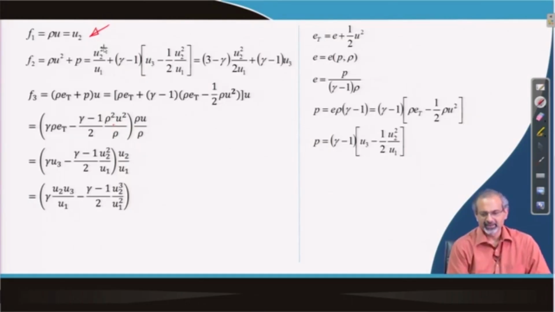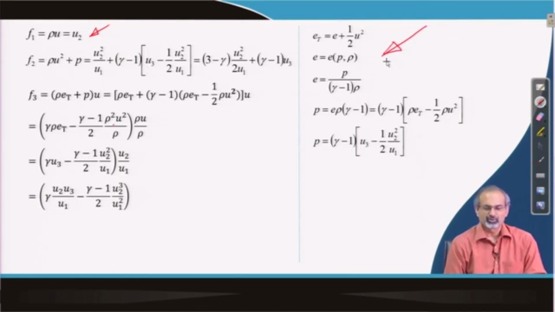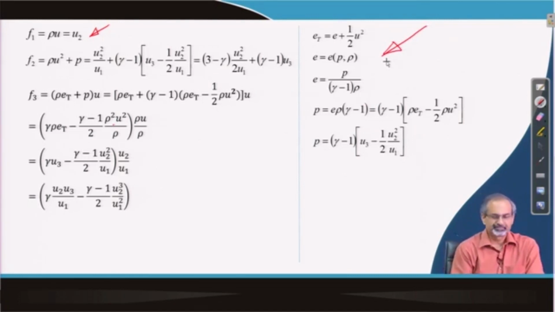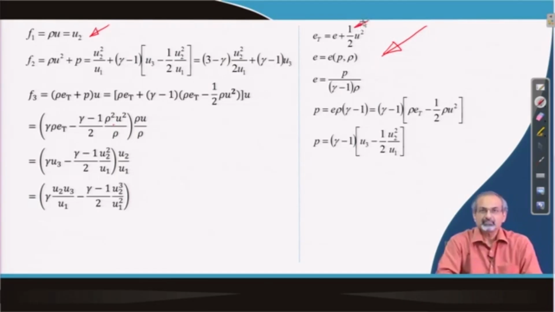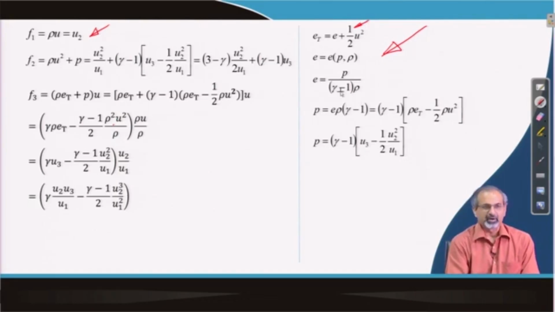So, for that we do a simple calculation which we have shown here on the right side. We first define the total internal energy in terms of its static and the dynamic part, and then we realize that we can actually express the static part in terms of two thermodynamic variables like pressure and density.